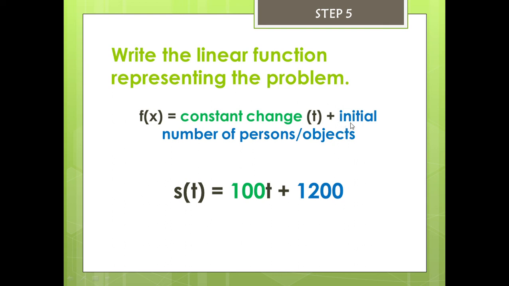Initial meaning, ito po yung unang-unang number or bilang ng mga estudyante kanina doon sa ating table kanina. So, itong 1,200, ito po yung bilang ng students kanina nung taong 2003. So, ito yung magiging linear function na po natin. Okay? So, gamitin natin itong linear function para ma-identify kung tama ba yung pagkakagawa natin.